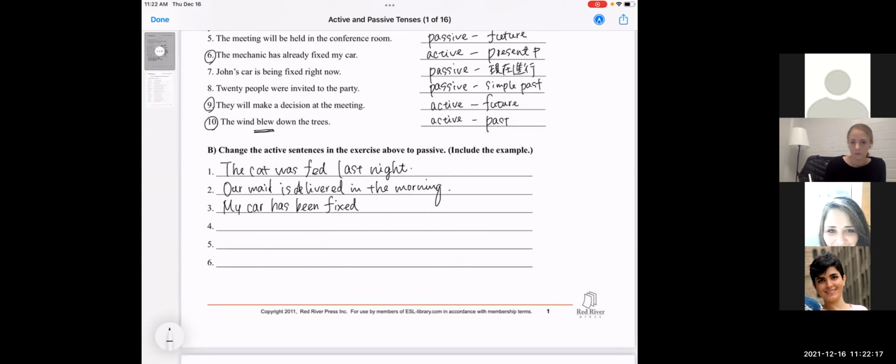My car already has been fixed. With the present perfect, which is what this sentence is, we normally put the adverb between the two words. So my car has already been fixed. That's a weird thing that we definitely didn't talk about already.